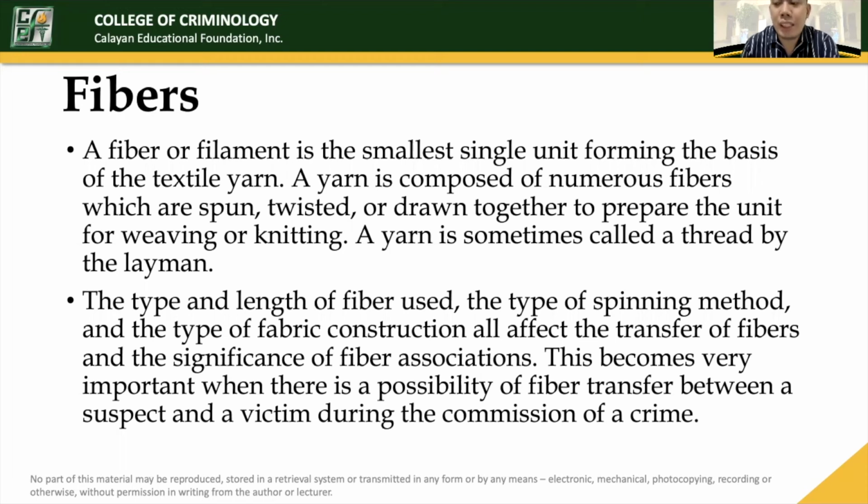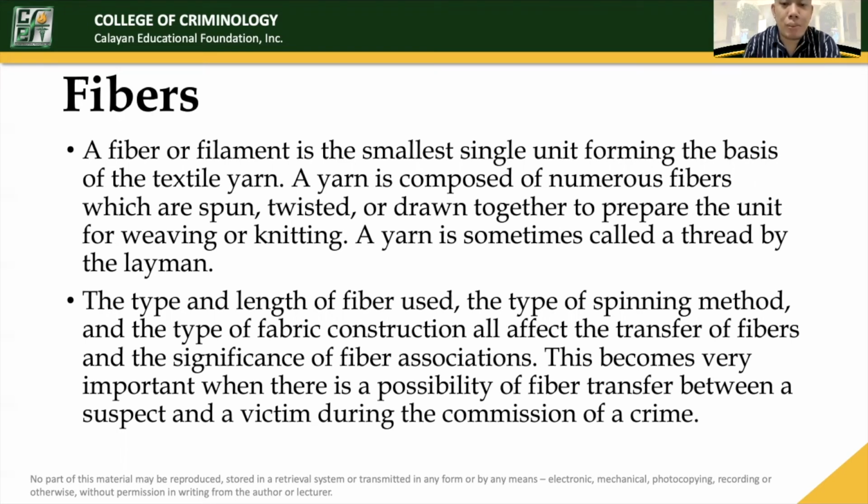So sa madaling sabi, ito yung mga hibla-hibla na mga sinulid na pag binuo natin ay nagiging tela. So just like hair, ito ay kadalasan na nagiging trace evidence, especially if there are physical contacts between an object and a person or person to person whenever there are crimes.